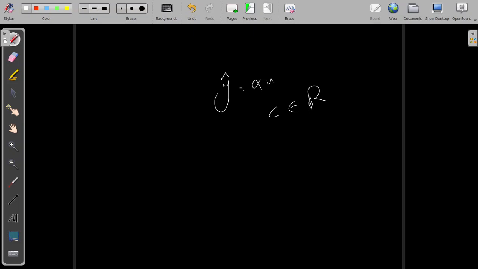So now y cap will be equal to c u. Suppose u belongs to R2, which means we have x and y coordinates, and our u will be like this.